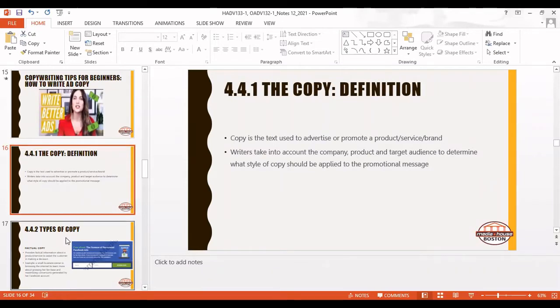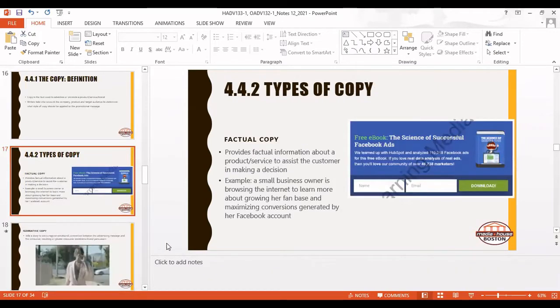Then now we have different types of copy. Number one, we have what we call a factual copy. A factual copy provides factual information about a product or a service to assist the customer in making a decision. For example, a small business owner is browsing the internet to learn more about growing a fan base and maximizing conversions generated by a Facebook account.